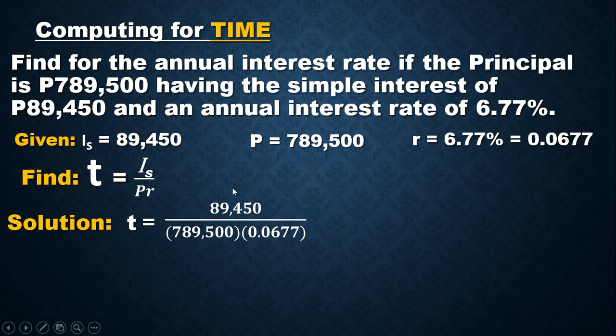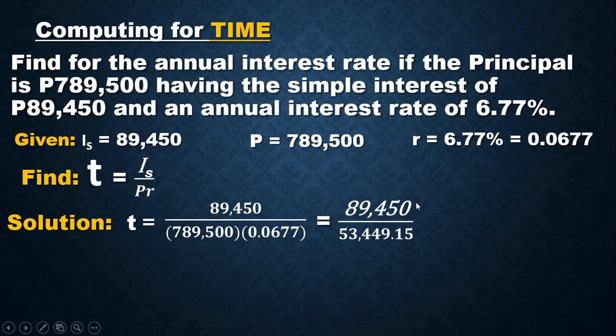Next step. Huwag po muna natin gagalawin tong simple interest. We have to multiply the principal times the rate. So, naging 53,449.15. Again, paano nakuha to? I-multiply po natin ang principal times the rate. Ito po siya sa formula. Next step.